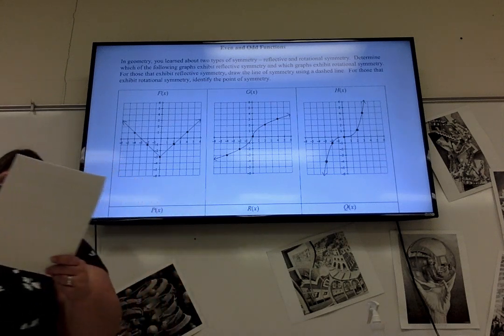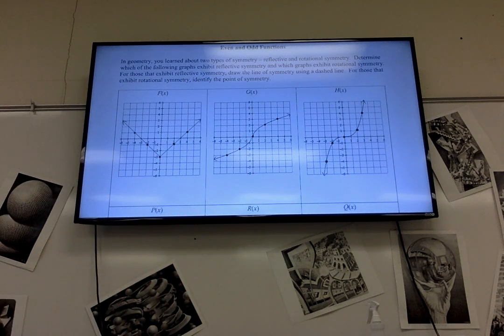And so I want you to go through and write down whether these are symmetric by reflective or rotational properties. So we already said this one was reflective. This one's rotational, and you do the other four.